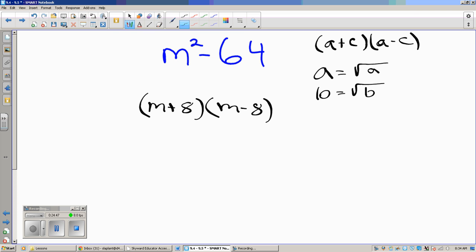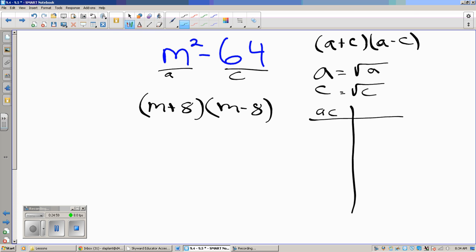That way you know that c is always the last term. We're multiplying to a times c and adding to b. A times c is negative 64, because it's 1 times that. And b, in this case, is 0. You can even split the middle term with that if you wanted to.